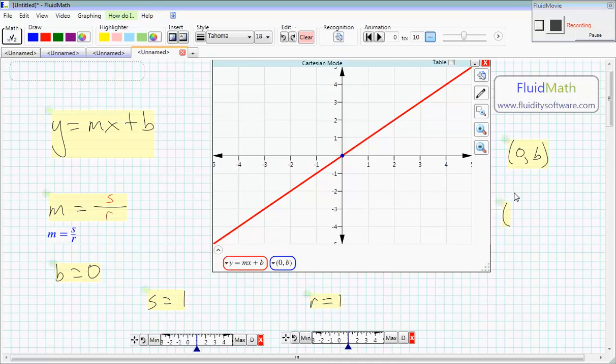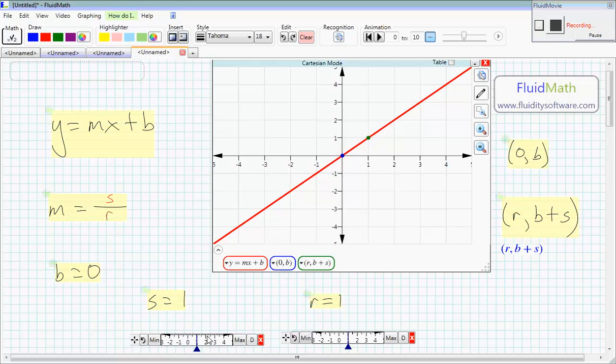So if we're at 0, comma b, then the run, this bottom one, is r, so we know we'll be at r, comma b plus s. Let's check that. So if we were at 0, comma b, now the rise is s, so we know we'll be at the point b plus s, and the run is r, so 0 plus r is r. It's at that point.